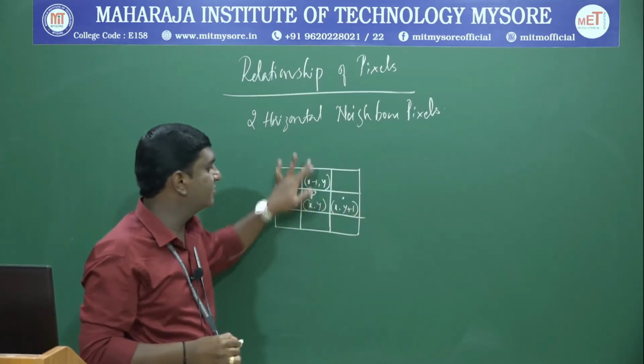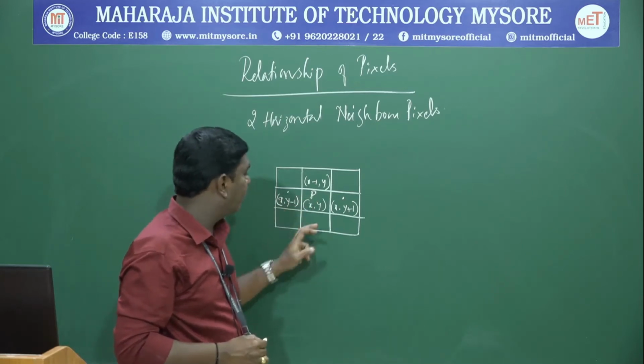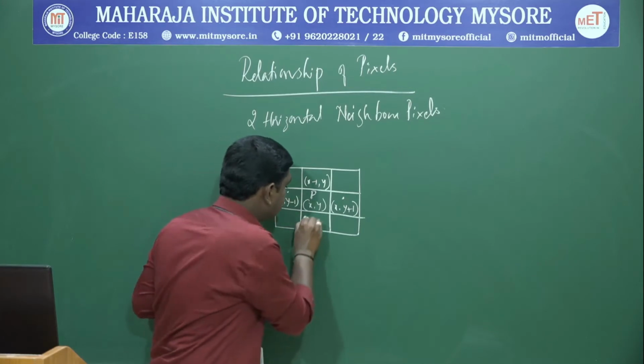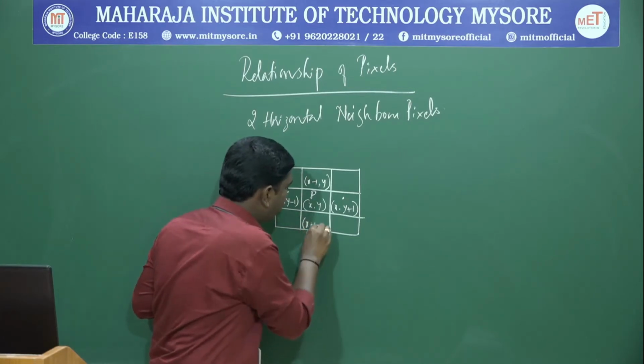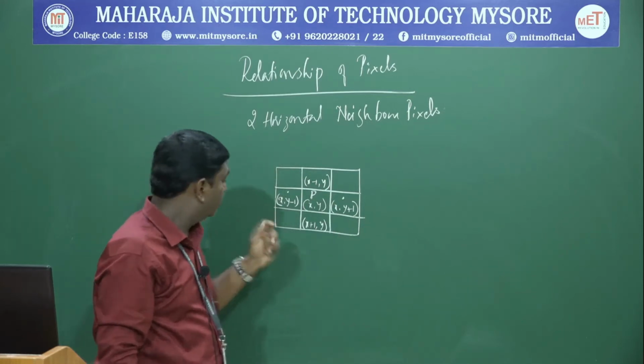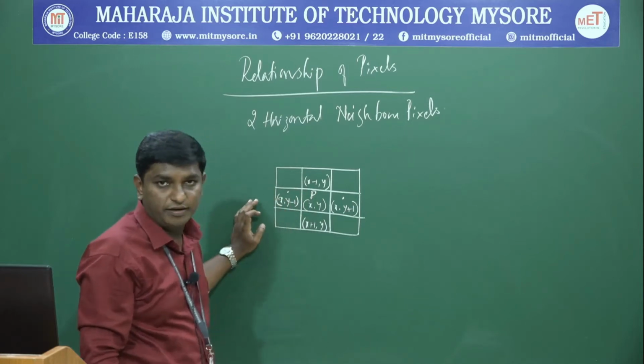Y is the same here. Similarly, you have one more neighbor with the value x plus 1 and y. So this coordinate x plus 1 comma y is also a neighbor of P here.